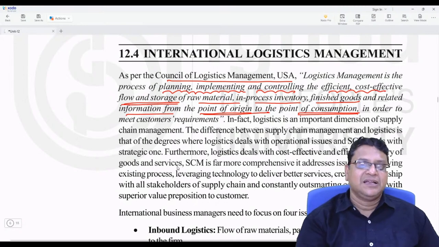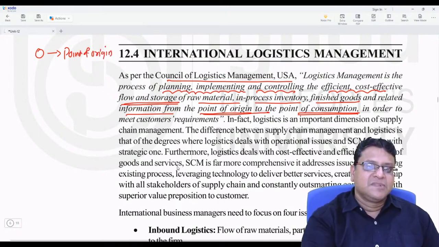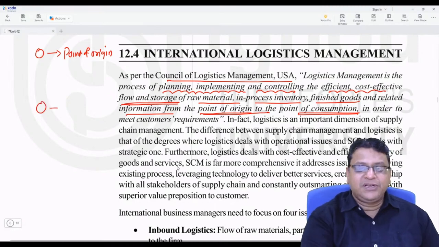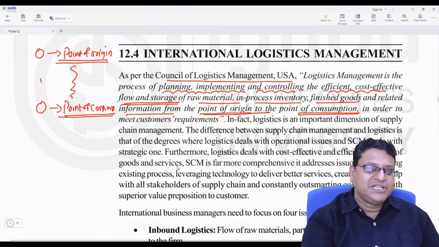So two things are important: point of origin and point of consumption. All activities done from point of origin to point of consumption, and management of all these activities, come under the purview of logistic management.